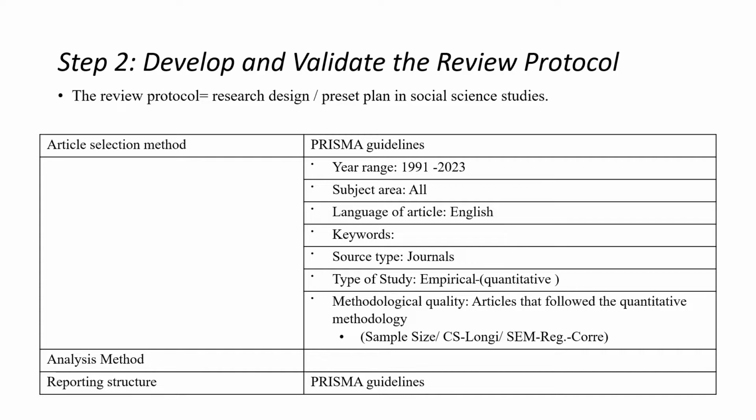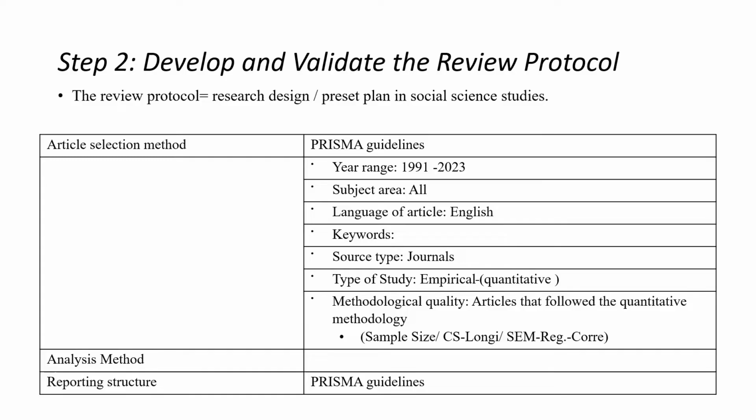So in that case, before conducting the research, we need to develop a protocol and register it, right? So what needs to be included in a protocol? A protocol is something like a proposal, right? So basically, the article selection method can be included, based on the Prisma guidelines, because Prisma is an organization developed for providing guidelines to systematic literature reviews.